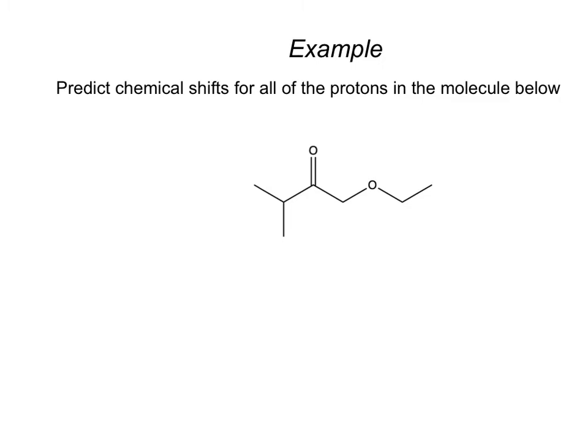And again, the problem with bond line structures is we're looking for hydrogens and there are no hydrogens drawn. So first I'm going to go through and draw on the hydrogens. I'm going to start over here. I've got a methyl group at the end, so I know we have to have 3 hydrogens. I've got a methyl group here, so I also know we have 3 hydrogens.